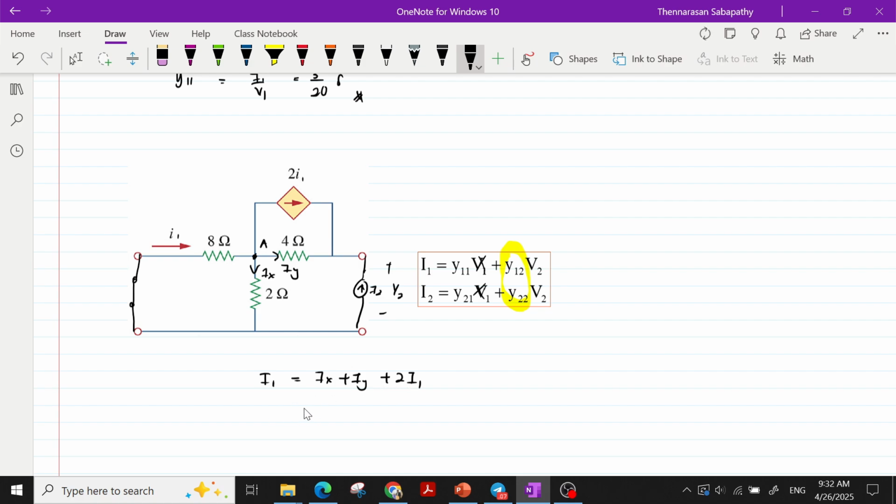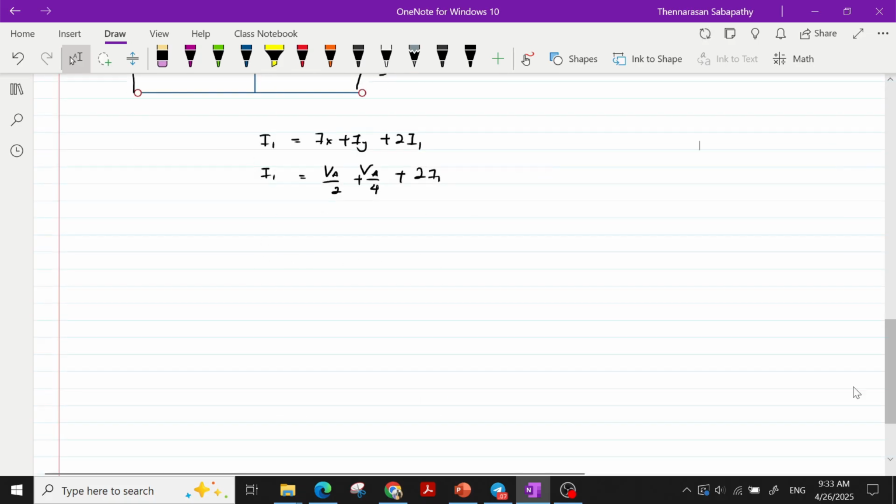So Ix is VA over 2, this is VA over 4 plus 2I1, and this is actually I1. I can bring the I1 to this side, same as before, where negative I1 equals 3 over 4 VA.